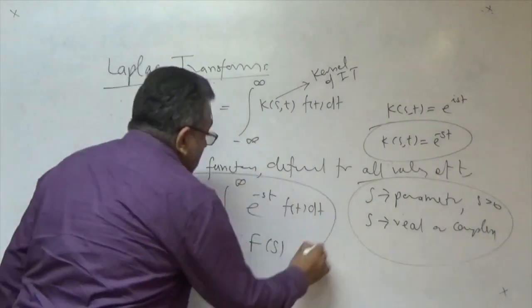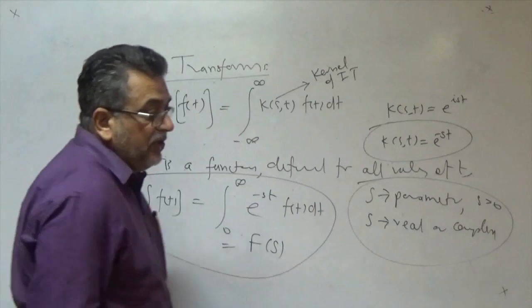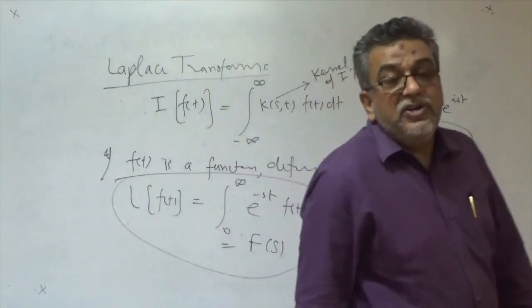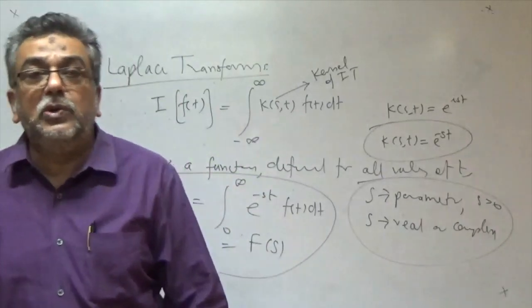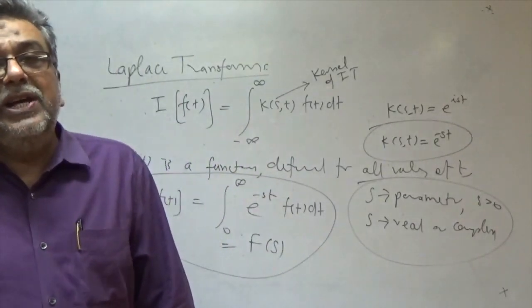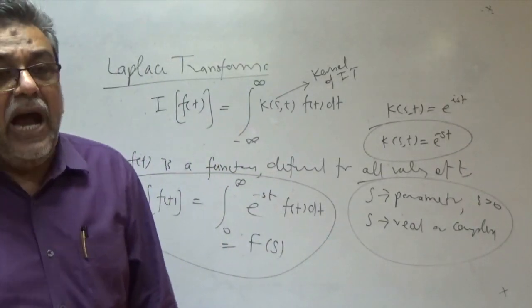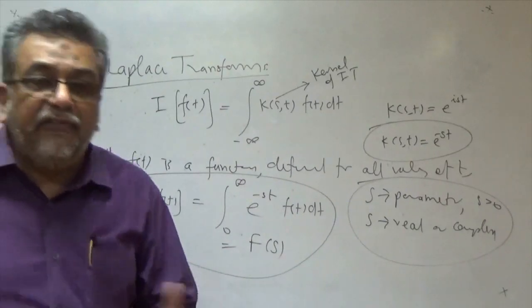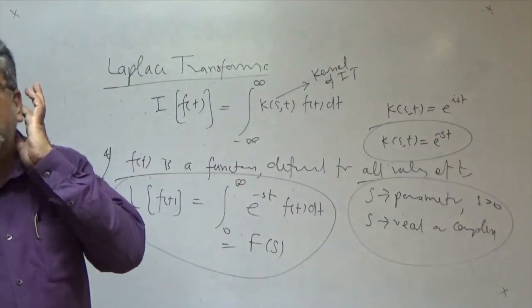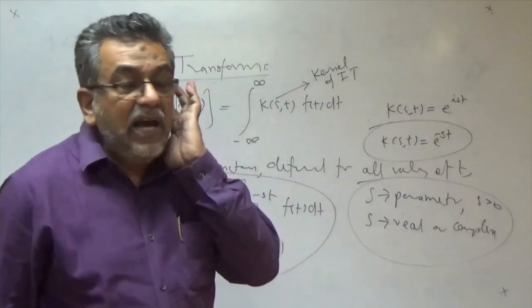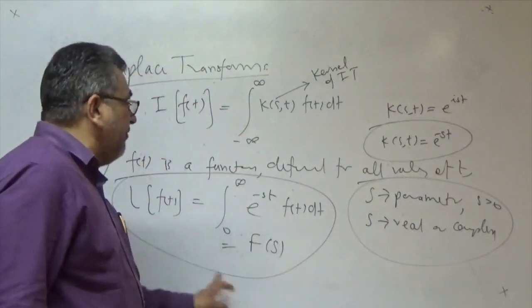So this is the basic formula of the Laplace transform: if f(t) is a function defined for all values of t, then the Laplace transform of f(t) is equal to the integral from 0 to infinity of e to the power minus s t f(t) dt, and after integration and substituting the limits, we finally get on the right hand side a function of s, which we denote as capital F(s).